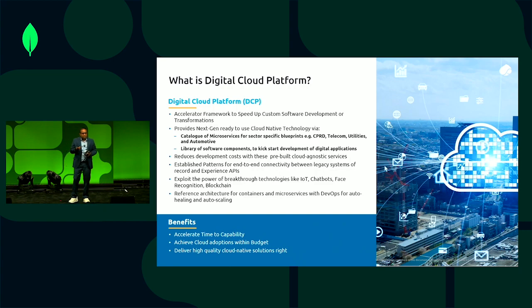DCP is a digital cloud platform, as I told, right? It comes with all the inbuilt microservices, and it is an accelerator to any cloud platform, whether it is AWS or Azure or Google or OpenShift or any other cloud platform, right? It comes with a standard set of microservices. It has pre-built APIs, about 10,000 APIs that can interact with the Mongo database, and it also comes with a standard reference architecture.